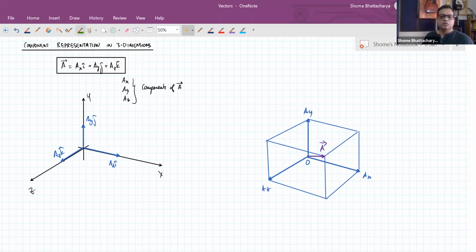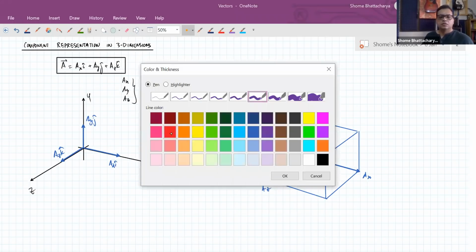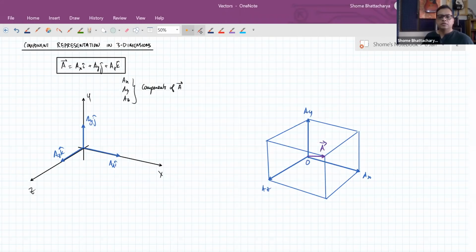Because as you can see, what we are doing to calculate the vector A is summing up the vector ax i cap with ay j cap with az k cap. This is the sum of the three vectors ax, ay, and az along the mutually perpendicular axes i cap, j cap, and k cap.